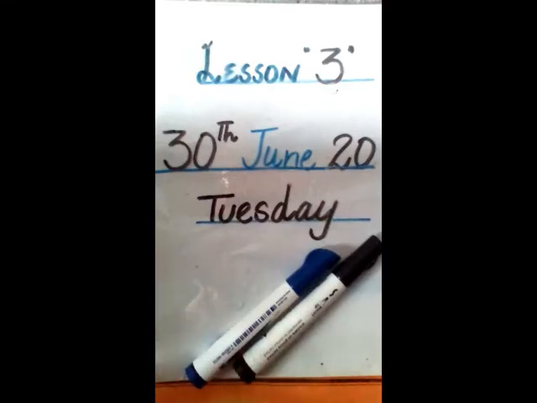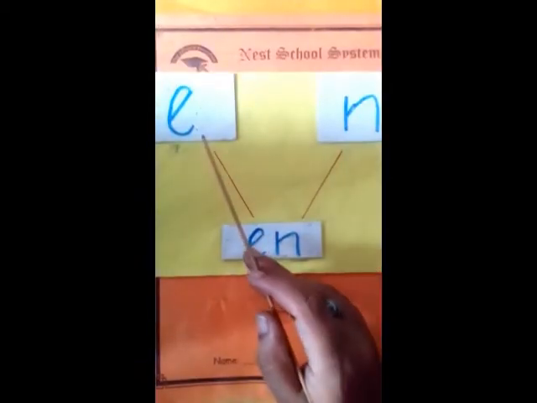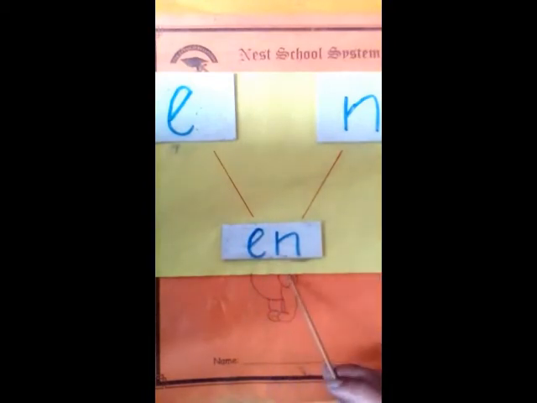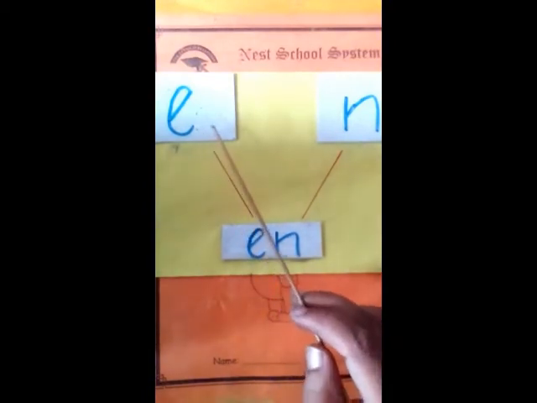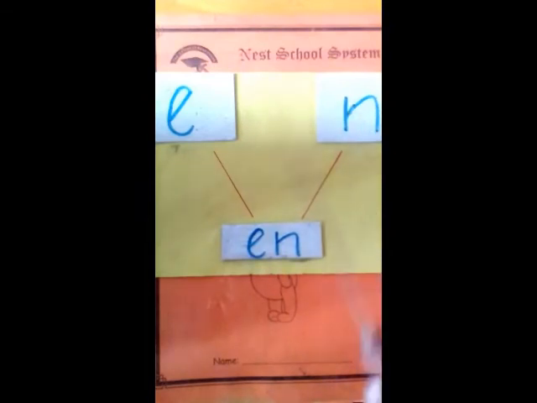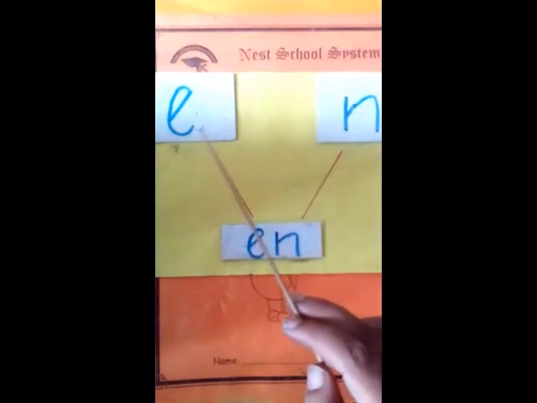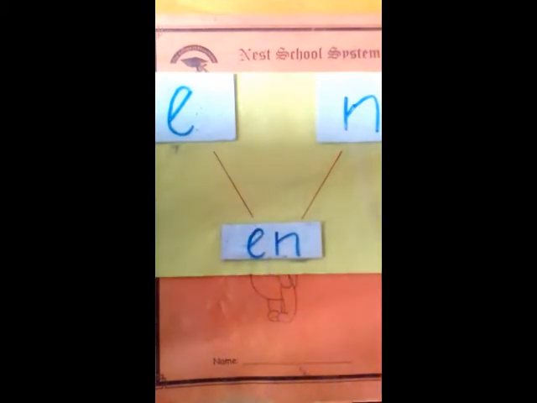This is our lesson number 3. So let's start our rhyming lesson, and today we are going to learn "an". When we join the two letters, we get a new sound. Here you know the sound "a", and this one is "n".